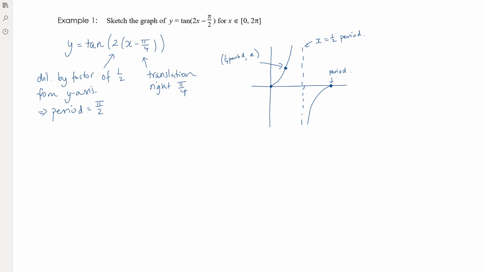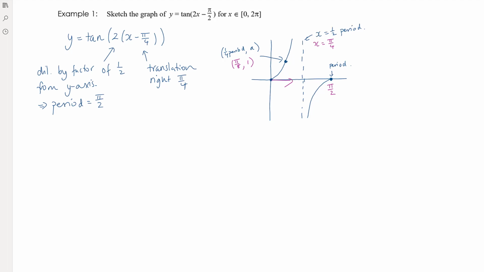So for this function, our period is pi on 2. Our asymptote therefore is going to be half of pi on 2, which is pi on 4, and our key point would be a quarter of pi on 2, which is pi on 8, and the a value in this case is 1. So there's one period, and then we're going to need to focus on moving all of that to the right by pi on 4.